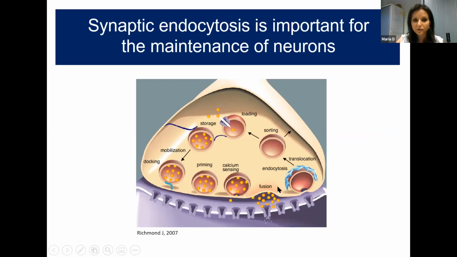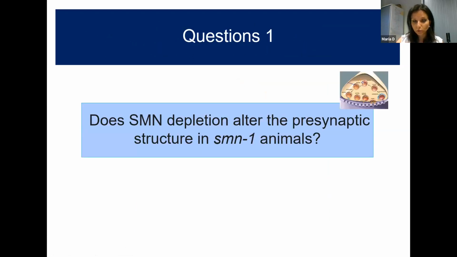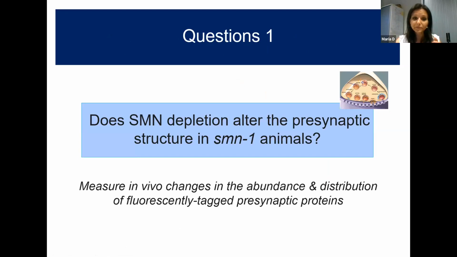So we want to find out if we reduce the SMN levels in the worm, whether the proteins that are important for this endocytosis are not going to be localized properly. Okay, so this is the first question we wanted to answer. So we looked at a number of different proteins to find out whether these proteins that are specifically for endocytosis can be affected when SMN levels drop.